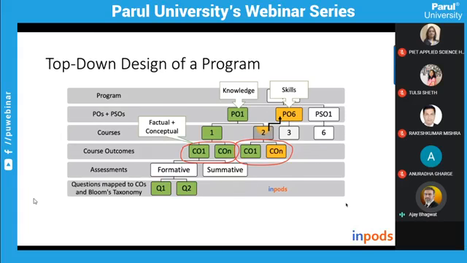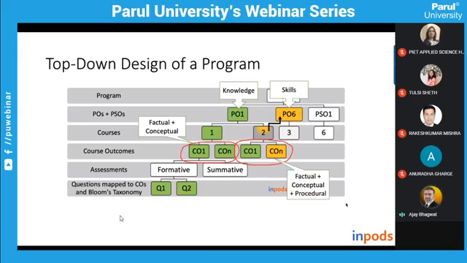The first course will have all the course outcomes measuring the learning outcomes of the students at the level of factual and conceptual knowledge level. And for the second course, some of the course outcomes will deal with the PO1, and some of the course outcomes will deal with PO6. And accordingly, the distribution of the course outcomes for that course will have to happen.